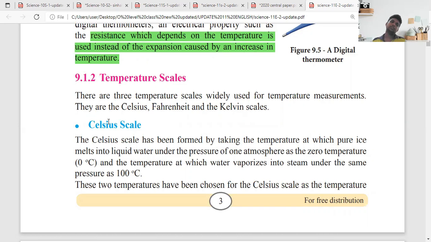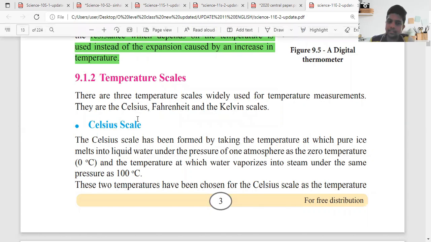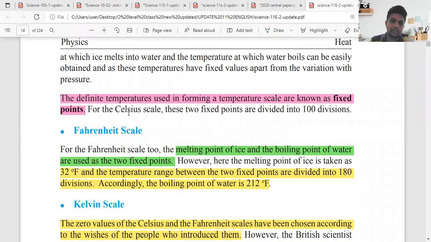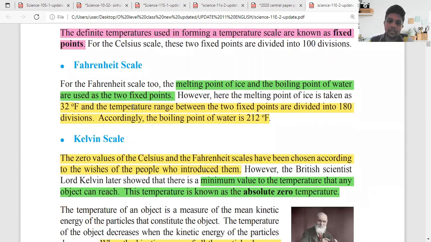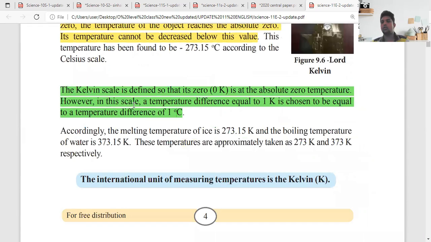So when we go through the temperature scales, basically there are three scales that you have to learn. They are Celsius scale, Fahrenheit scale, and Kelvin scale. Normally in our day-to-day life, we mostly use the Celsius scale as well as Fahrenheit, but in our daily routine we are not using Kelvin, but the international unit for measuring temperature is Kelvin.